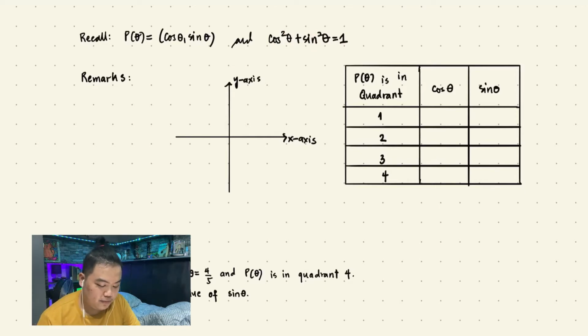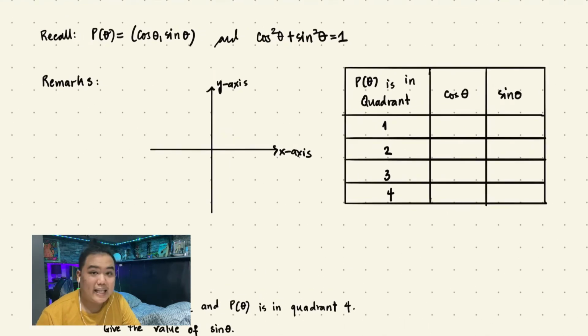So, yung i-observe natin ngayon ay yung mga signs ng cosine theta and sine theta. So, sabi natin, P of theta is a point somewhere sa Cartesian plane or in particular, point sila sa unit circle. So, pwede siyang mag-land sa y-axis, sa x-axis, or dito sa mga quadrants. Yung i-observe natin ay yung kapag yung P of theta natin ay nandun sa isa sa mga quadrants.